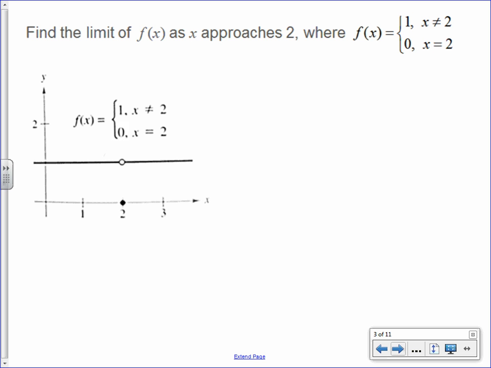That is a horizontal line. So here is my horizontal line at 1, but not when x is 2, so we have a hole there. Our function is 0 only when x is 2, so we have a coordinate at (2, 0). Just that one spot.